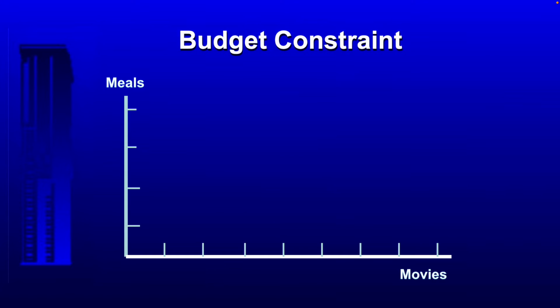Okay, next we're going to talk about the budget constraint. And here we're going to be talking about the amount of money that it would take to buy any different quantity that's in here.